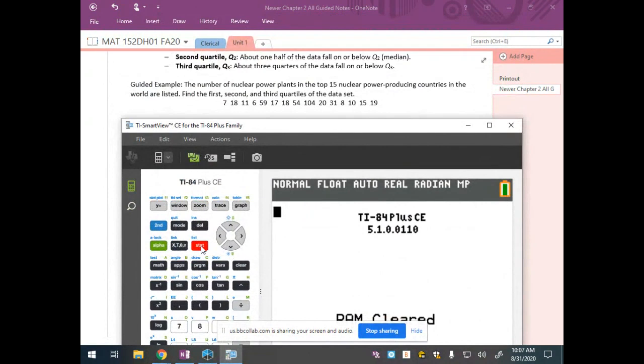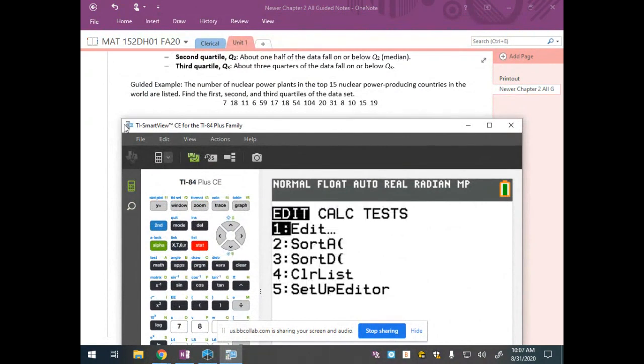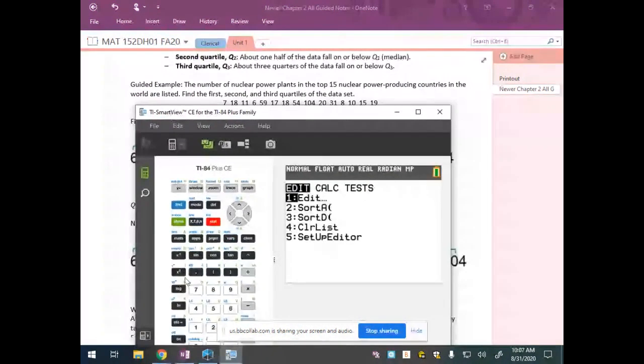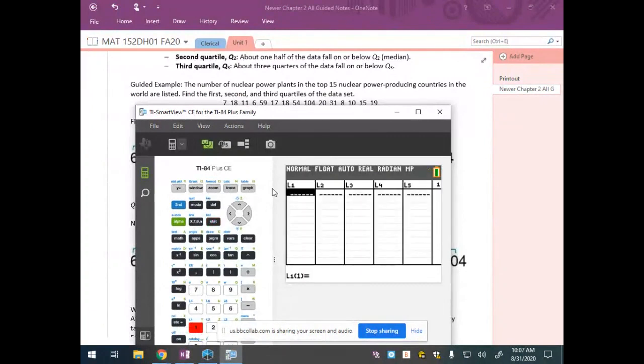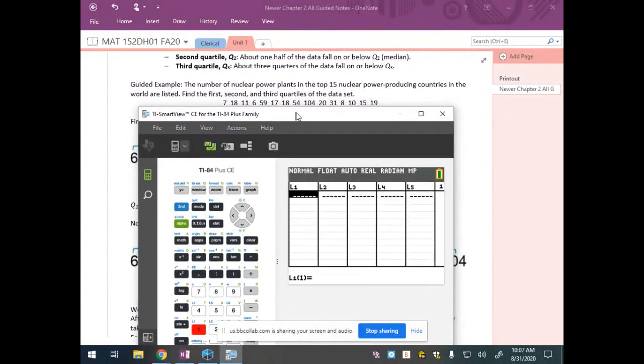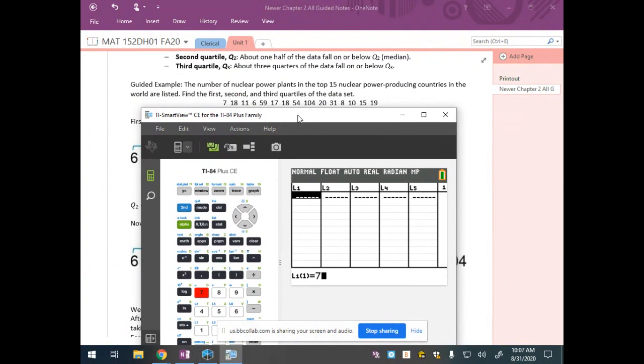Now, we don't have to put it in order, but to do that, we'll go to Edit, and in L1, if you have something there, you want to hit Clear. So yeah, 7, 18, 11, 6, 59, 17, 18, 54, 104, 20, 31, 8, 10, 15, and 19.